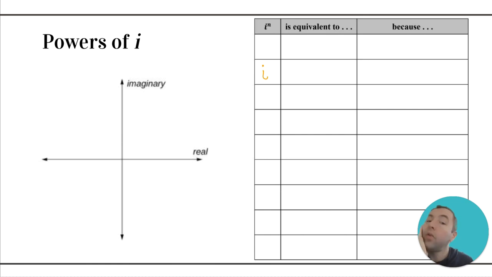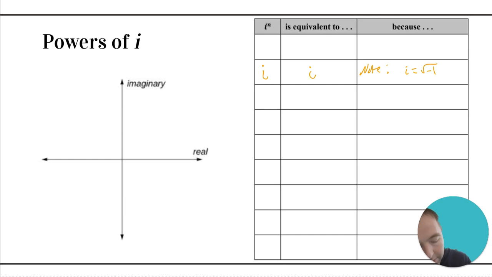For now I'm just going to say it's equivalent to i, but let's note that we should know that i is equal to the root of -1. That comes from the definition of the imaginary unit from before, right?